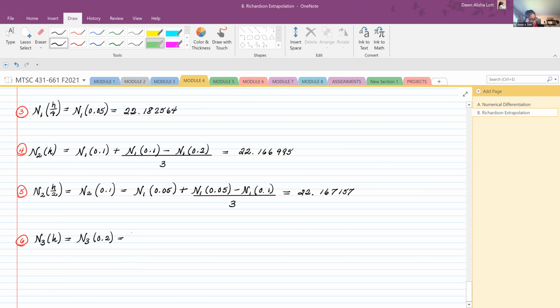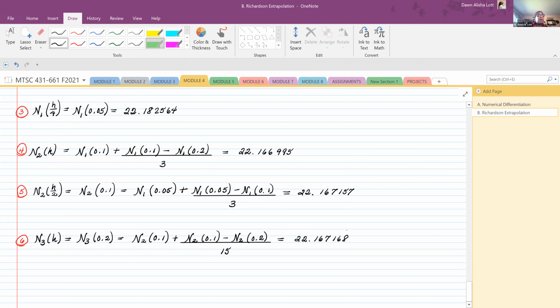And that's going to be N2 at 0.1 plus N2 at 0.1 minus N2 at 0.2 all over 15. And so this is now 22.167168.